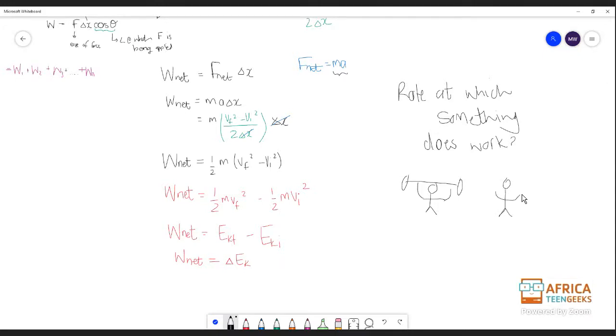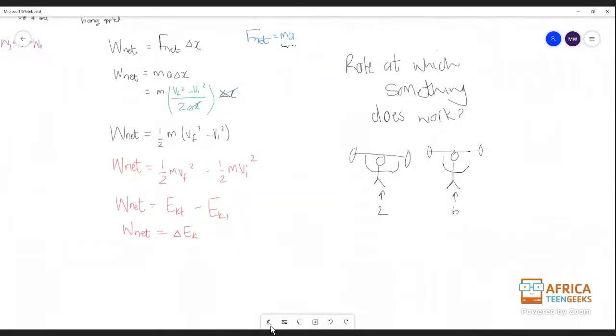And the other guy, and so this guy over here can pick up the weights in, let's say, 2 seconds, and this guy over here can only pick up the weights in 6 seconds. But they're picking up the exact same mass and they're using the exact same amount of energy. So what's the difference? Well, we say that they have different power.